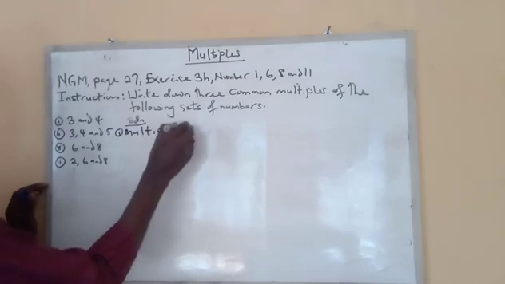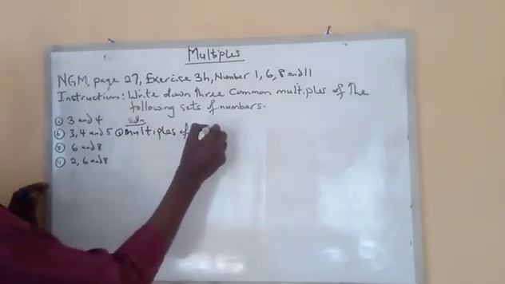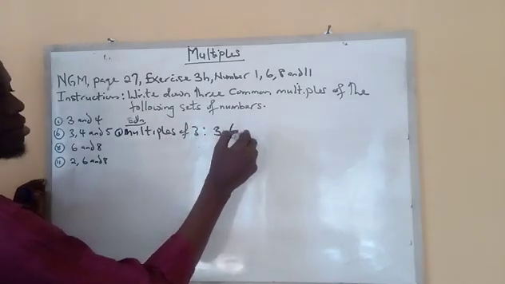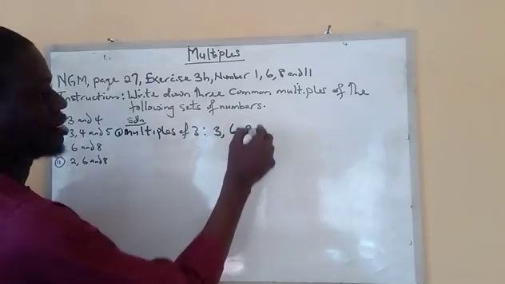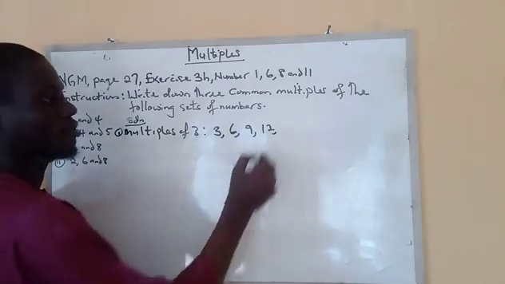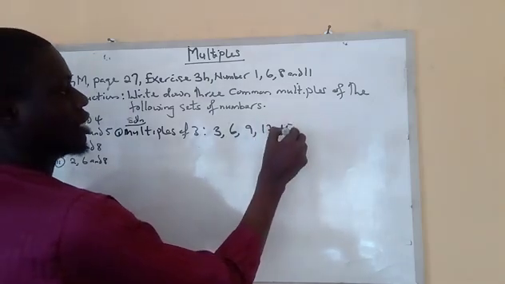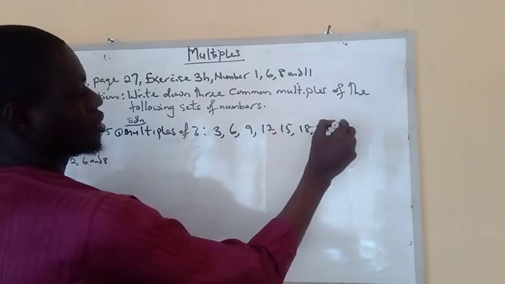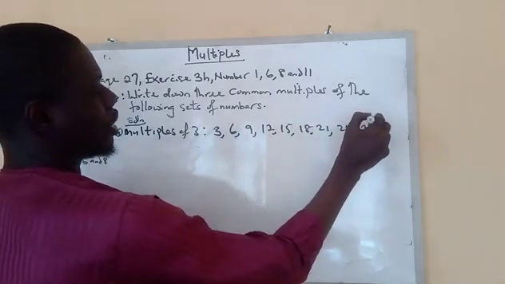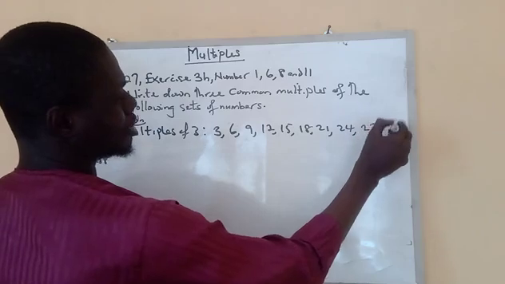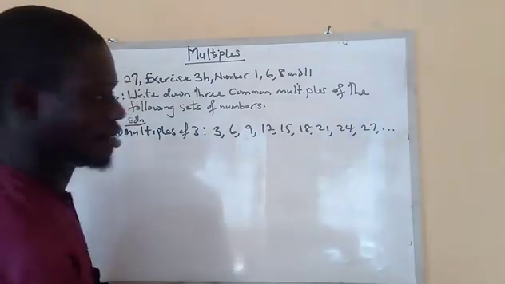The multiples of 3 are 3, 6, 9, 12, 15, 18, 21, 24, 27. It extends forever like that.